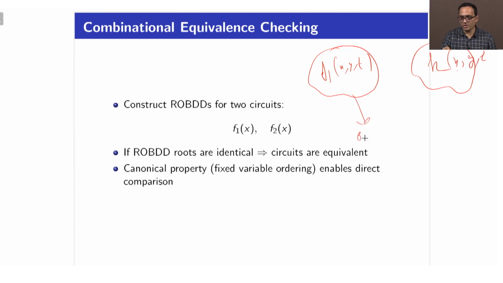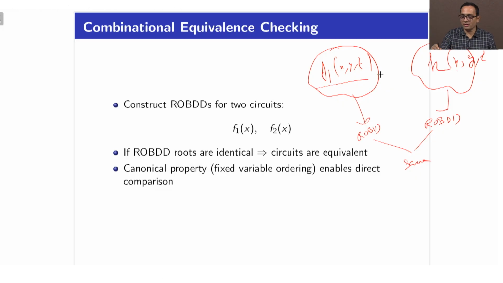I can construct the ROBD from here and from there. Because ROBD is a canonical representation, they should be the same if they are equivalent. So, I construct the ROBD and check whether I got the same ROBD from them or not. If I get the same ROBD, these two are equivalent.